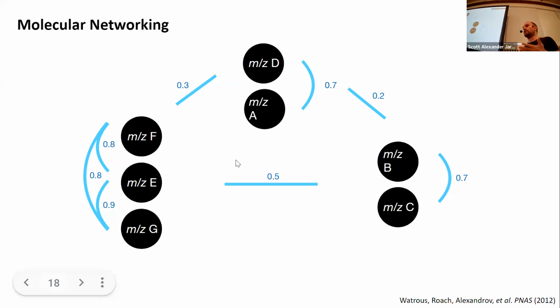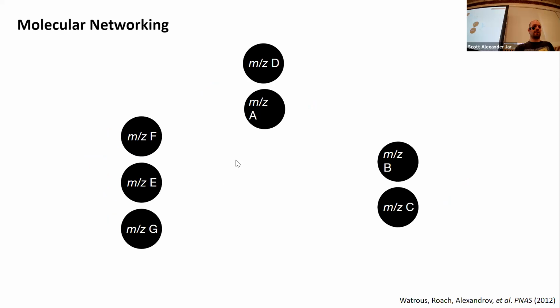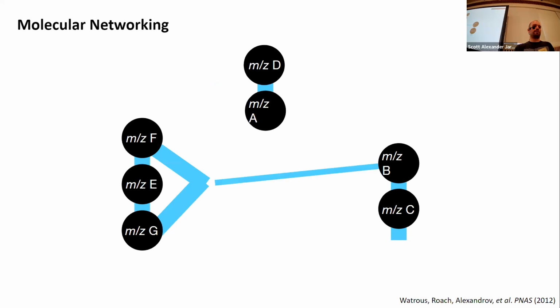And then we can eventually annotate some of those molecules as level 2 IDs, so putative annotations. And now what we can do with molecular networks is propagate this annotation throughout the network.